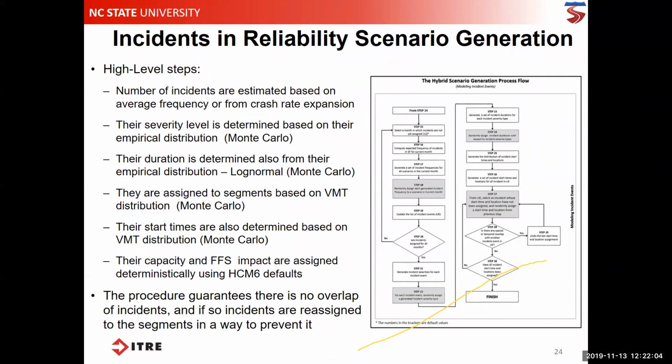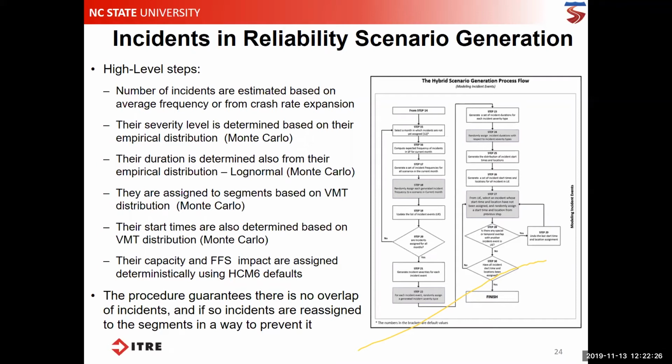After that, we have to assign these incidents, which we know already how long they're going to take and how many lanes they will close, to each scenario. Basically, we have to assign a segment number to identify the spatial location of the incident, as well as the start time, what time these incidents will start.